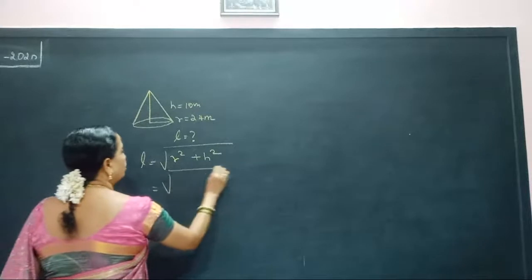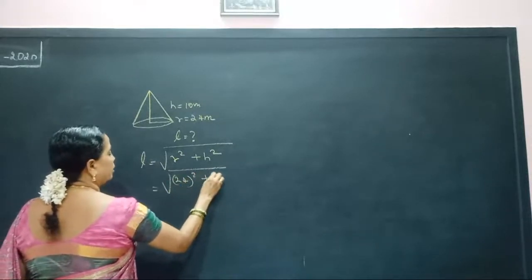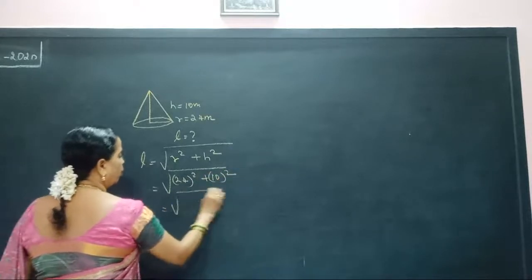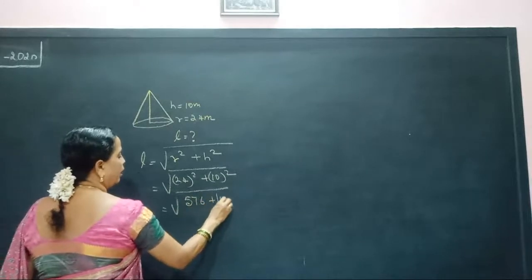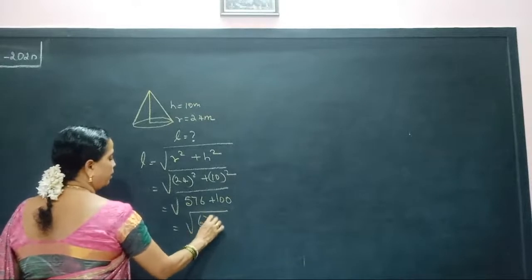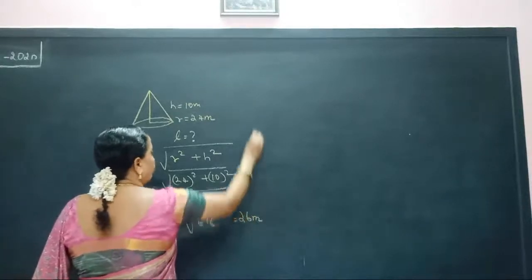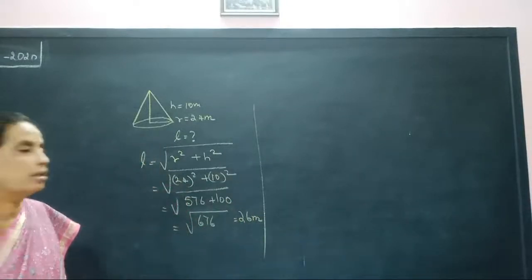It is root of 24 square plus 10 square, root of 576 plus 100, root of 676. It is 26 meter. So we got the slant height.